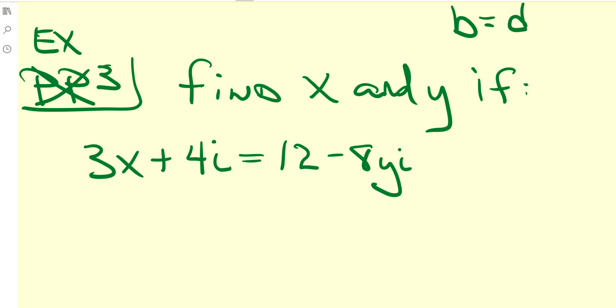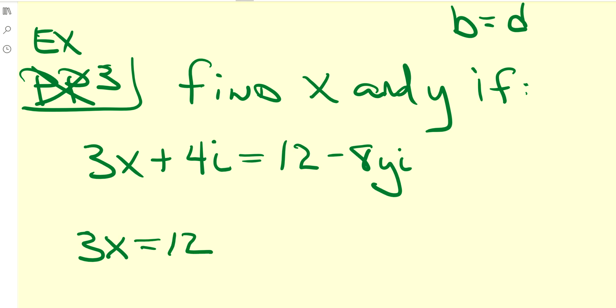Okay, so what we want to do, and this is very simple once you understand what we have to do here, I want to pair the real part of the expressions to the imaginary part. So what I mean by that is I'm going to write this up as 3x equals 12.